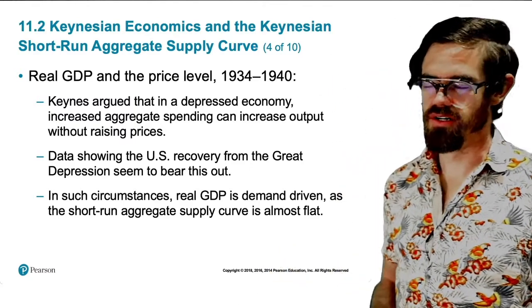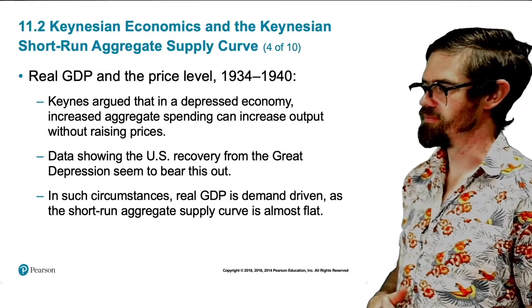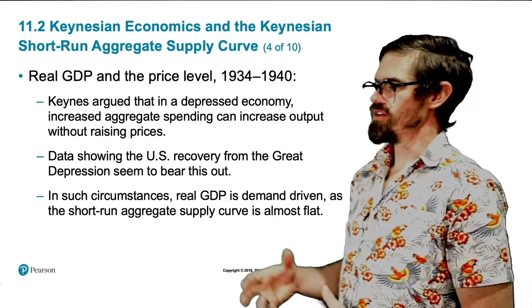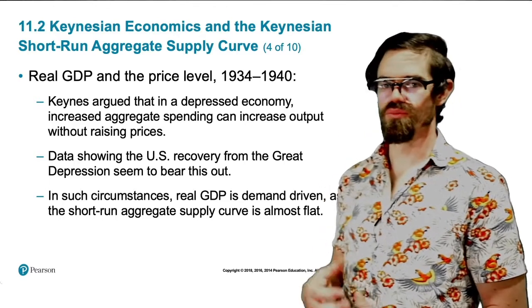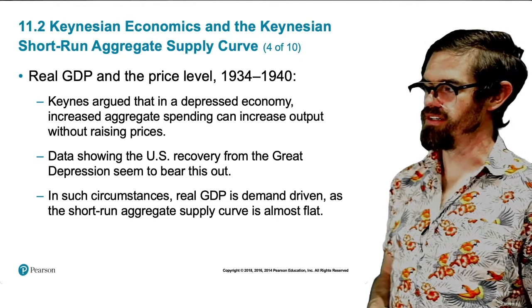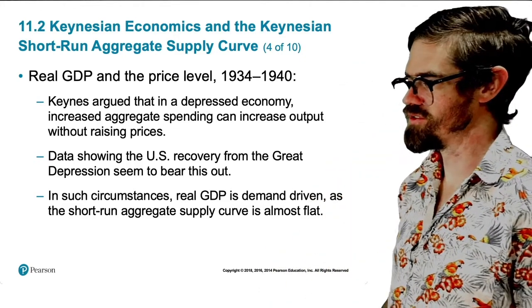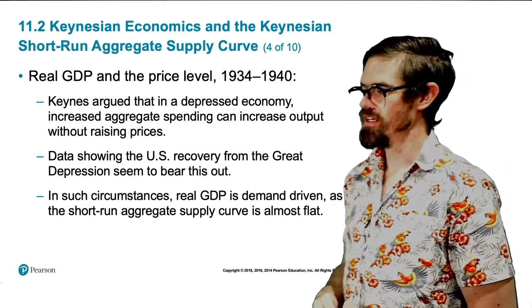So what was going on around that time? What were real GDP and price level doing around that time? Well, Keynes argued that in a depressed economy, increased aggregate spending can increase output without increasing prices, right? Which is what we just saw in the last graph.